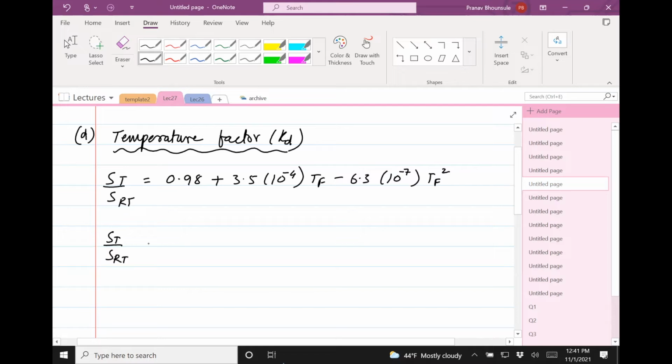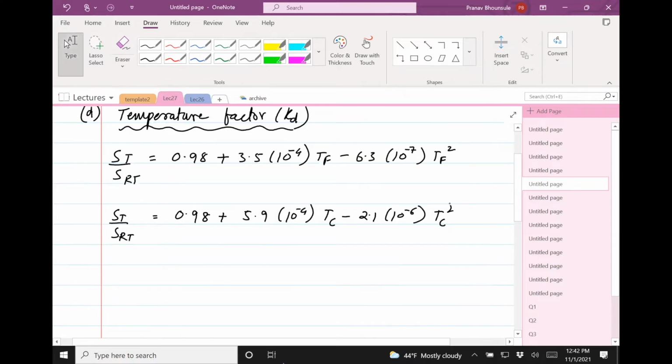Alternatively, ST divided by SRT is 0.98 plus 5.9 times 10 raised to negative 4 TC, where TC is temperature in Celsius. So let me write down what these numbers are.